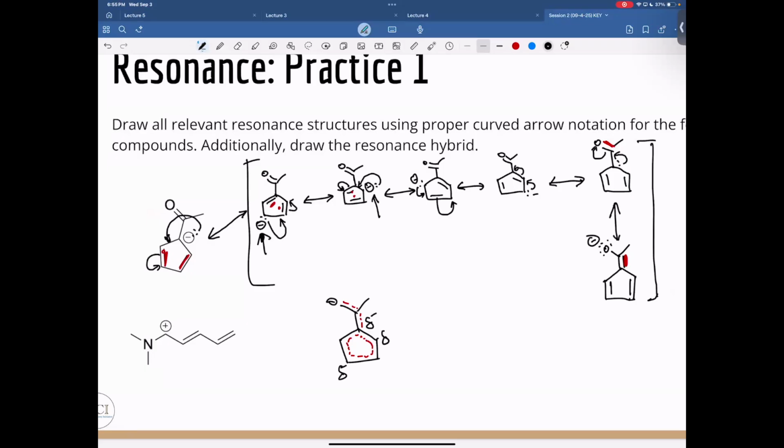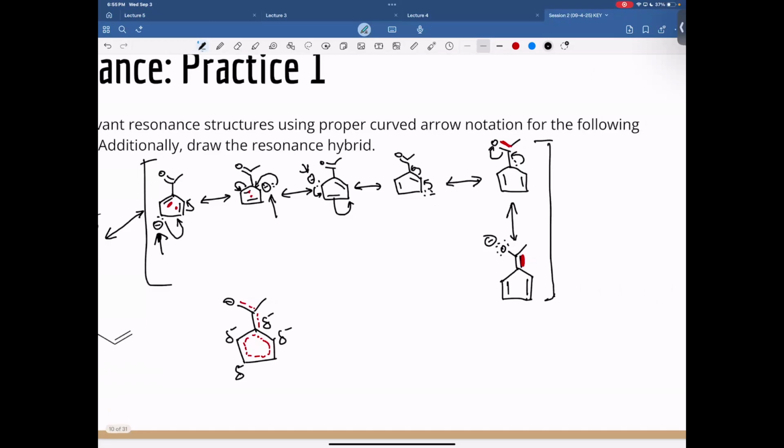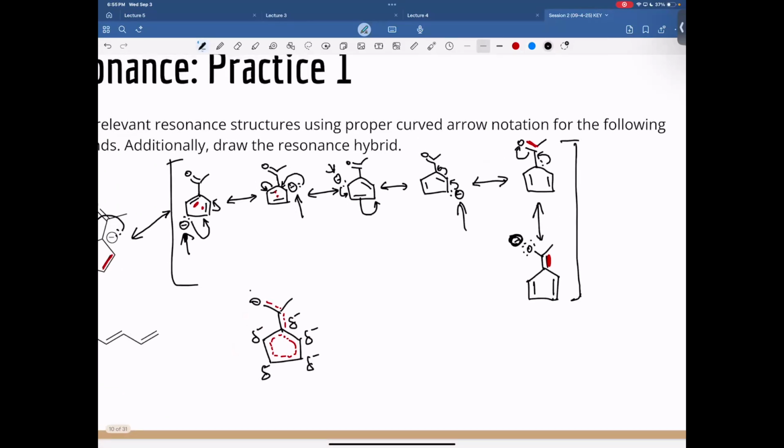So we can draw a partial charge here. Partial charge here as well. So another partial charge. This one, there's another one here. So we can draw this one. And then there was another charge on this oxygen molecule. So we also draw a partial charge for this oxygen molecule. And yeah, that covers everything and how to draw a resonance hybrid.